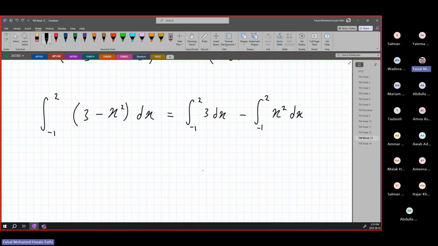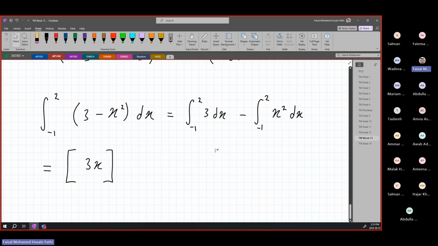So in this case, if you remember, the integration of a constant is going to be equal to 3 times x, simply. All right, so all you're going to do is add an x to this. Why is this the case? Because this is the same as 3x power 0, because x power 0 is equal to 1.